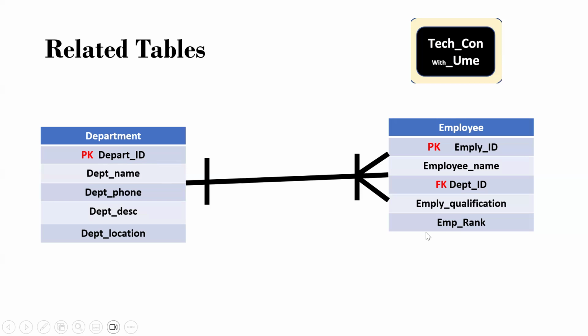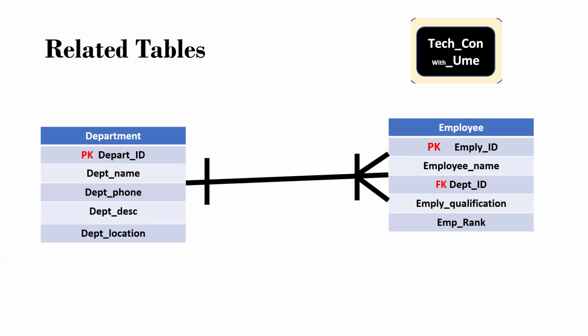And the table on the side where our crow's foot is represented, or the many side of the relationship, is where our foreign key will be denoted.